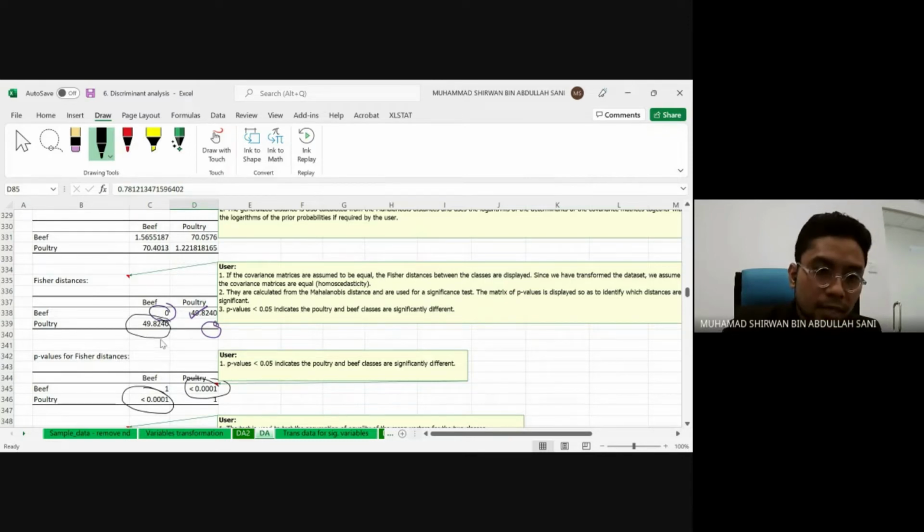Because we identified them as homoscedastic, since we conducted the transformation previously, now we want to check whether they are significantly different. So that's why we go for the p-value of the Fisher distance. We set the p-value at 0.05, and the good thing is the calculated significance value is 0.001. Yes, that clearly indicates the poultry and beef sausage groups are really different.